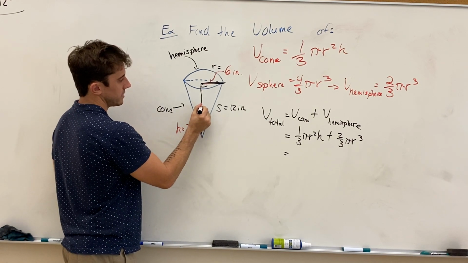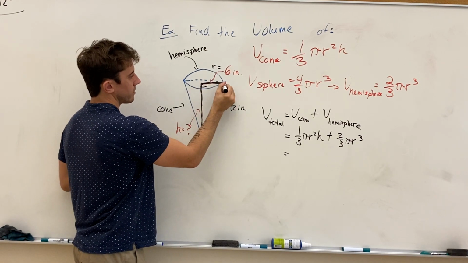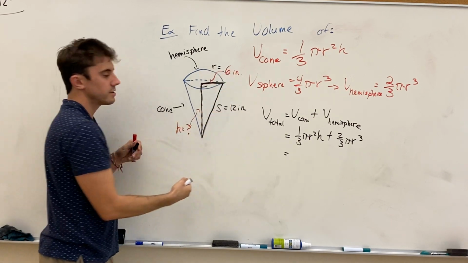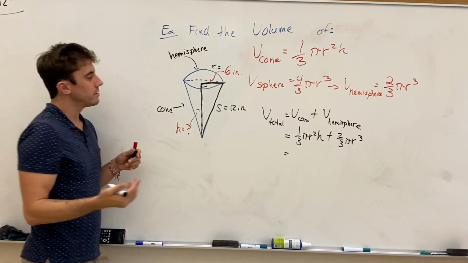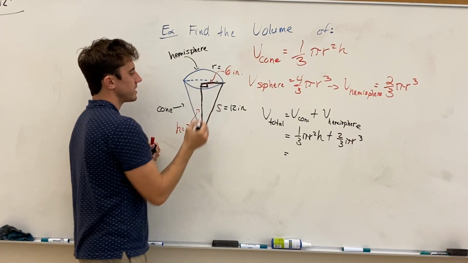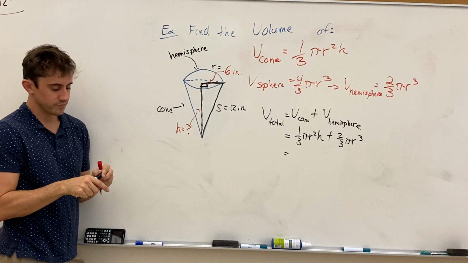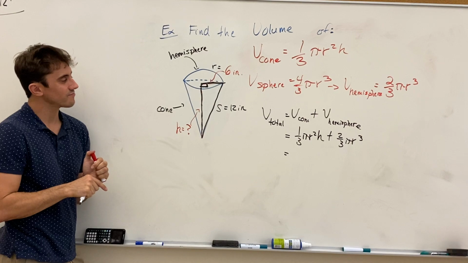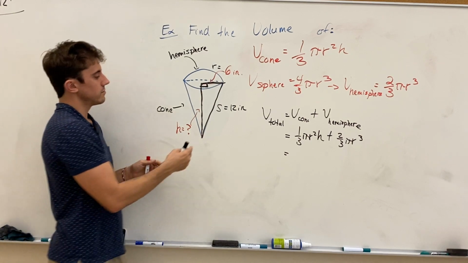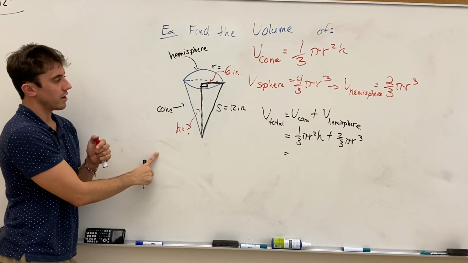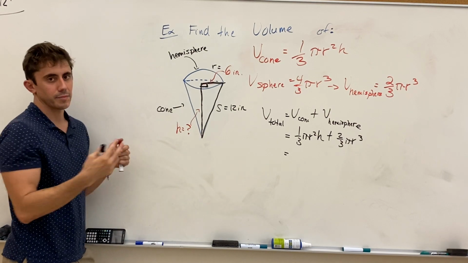We can see that our vertical height and our radius make a nice right angle triangle with the slant height. At any time in these kinds of problems that we can see a right angle triangle taking shape, we know what that insinuates we have to do. So let's go ahead and find the vertical height of our right angle triangle using the Pythagorean theorem.